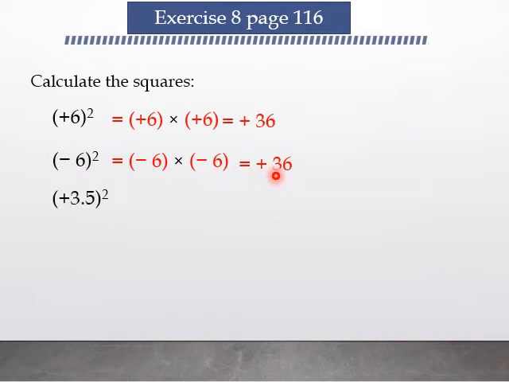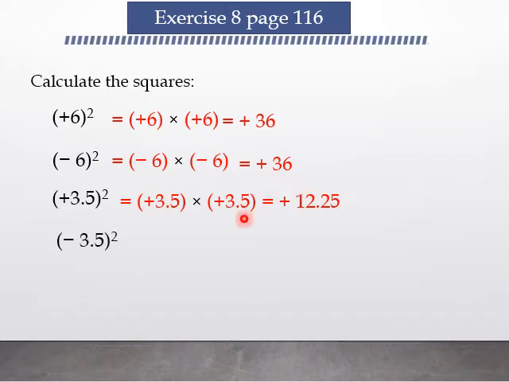Okay? Plus 3.5 squared. It's plus 3.5 times a plus 3.5, sign by sign, same sign. So it's a plus. 3.5 times 3.5 is 12.25. Now minus 3.5 squared, it's minus 3.5 times minus 3.5.